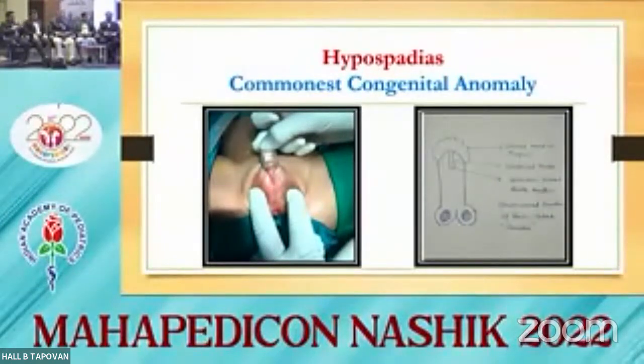The complications can be classified as early and late. Early: infection, retention of urine, and swelling. Late complications are like fistula. We cannot call it a failure of surgery. In many cases, we require 2 stages of surgery, and sometimes a fistula closure, which is a minor surgery.